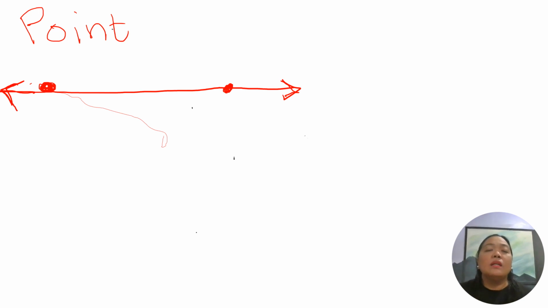Now, what do we call this figure that is formed when two points are joined together? This is what we call a line. Another undefined term which we call line. Take note that a line extends on both sides, right?